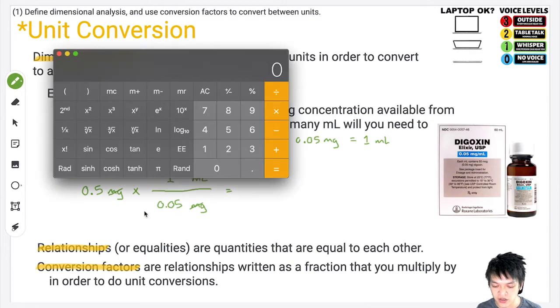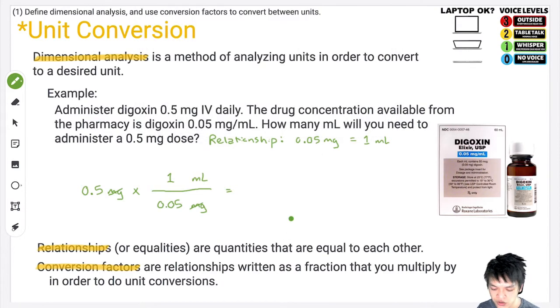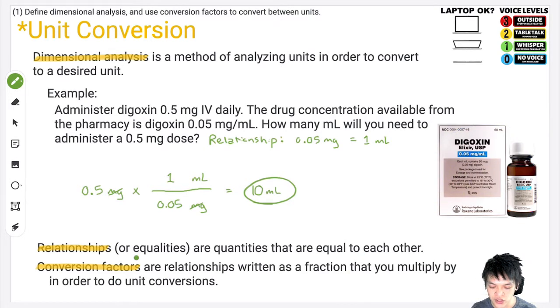So pulling up a calculator real quick, we would see 0.5 divided by 0.05 gives us 10. Okay, the answer to this question is 10. 10 what though? 10 milliliters, because that's the only unit that we did not cancel out. Okay, so that means, hey, this drug right here, we need to pour out 10 milliliters of it to give to the patient.